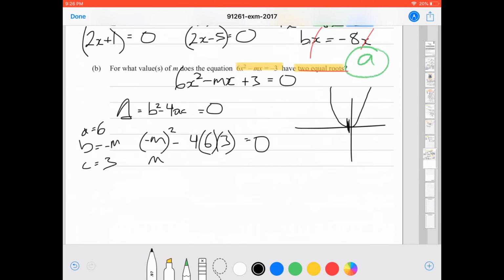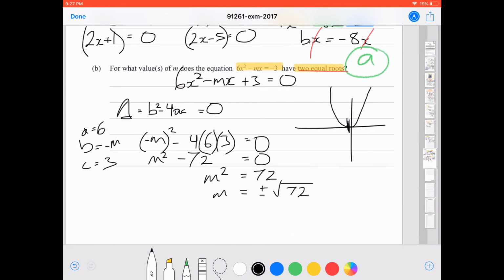Okay, let's solve for m. We've got m squared, 4 times 6 is 24 times 3, 72, I believe. We can check it. Yep, so it's going to be negative 72 equals 0. We can solve for m. m squared equals 72. So m equals plus or minus the square root of 72.